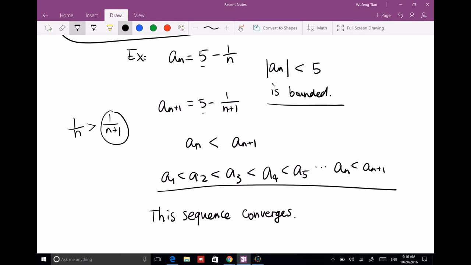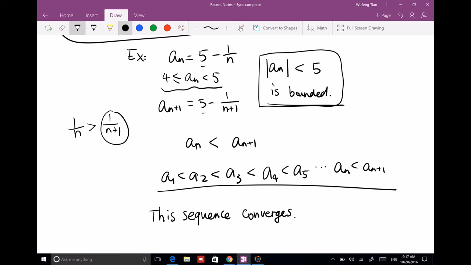It's bounded because it's less than 5 and bigger than, say, -5. As long as you have an upper bound and a lower bound for it, it's bounded. From here you can do many things. You can say an is less than 5 and bigger than or equal to 4.